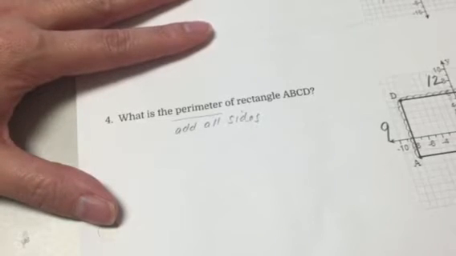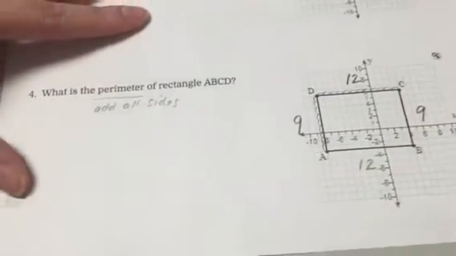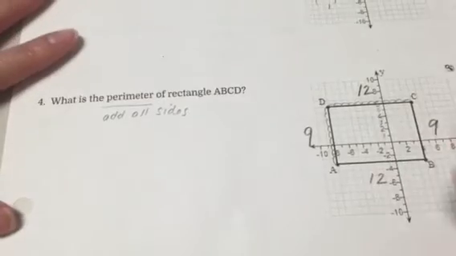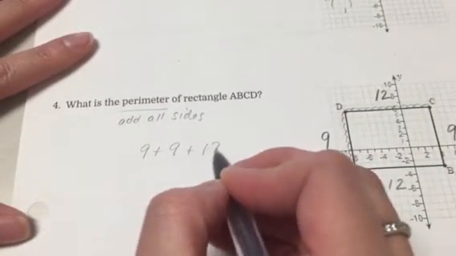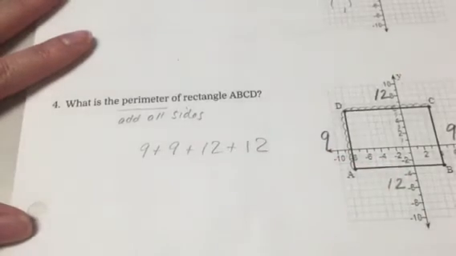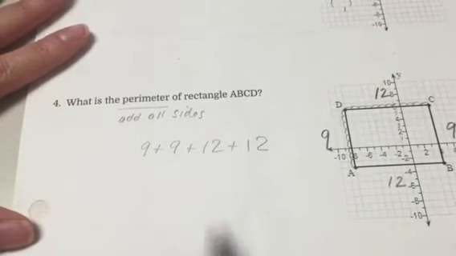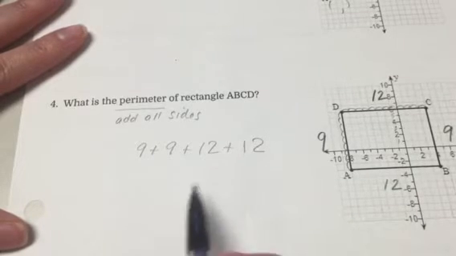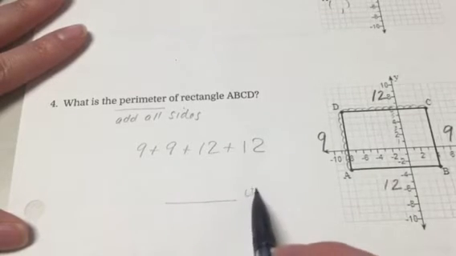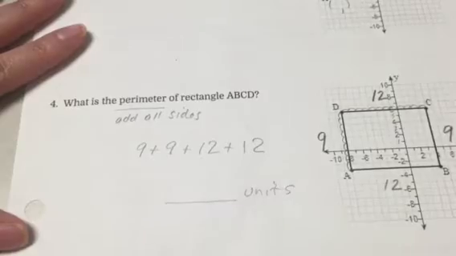So this is 9, this side would be 9, the top is 12, the bottom would be 12. So then to show perimeter, we would have to add 9 plus 9 plus 12 plus 12. Okay, so once you do that, you will get the total perimeter. I'll let you finish that problem. Make sure you get an answer in units.